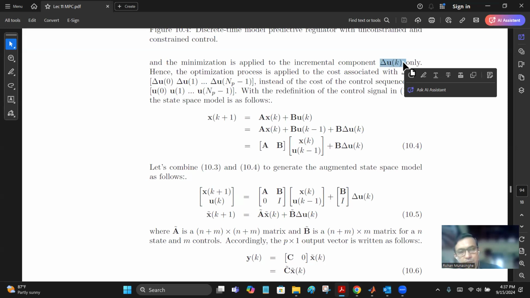And also in this optimization, what we do is we get the objective function, here it's a cost function, differentiate with respect to u, and in this case delta u, and set that to 0, assuming that it is a minima, right?